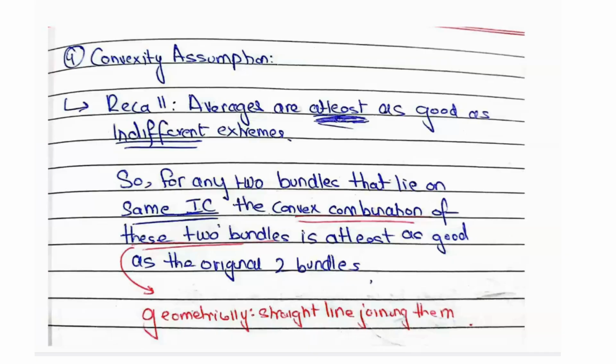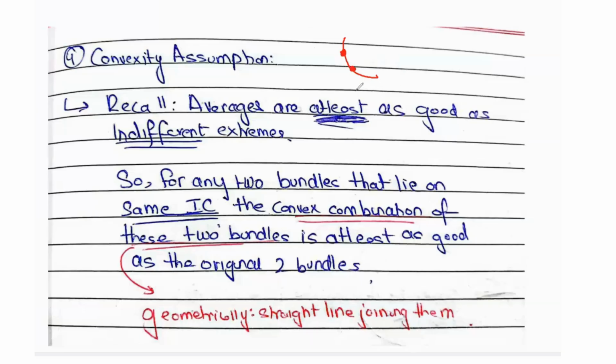And geometrically, the convex combination of any two bundles can be represented as a straight line joining them. If we draw an IC like this, we have two bundles that you're indifferent between, because they lie on the same IC.